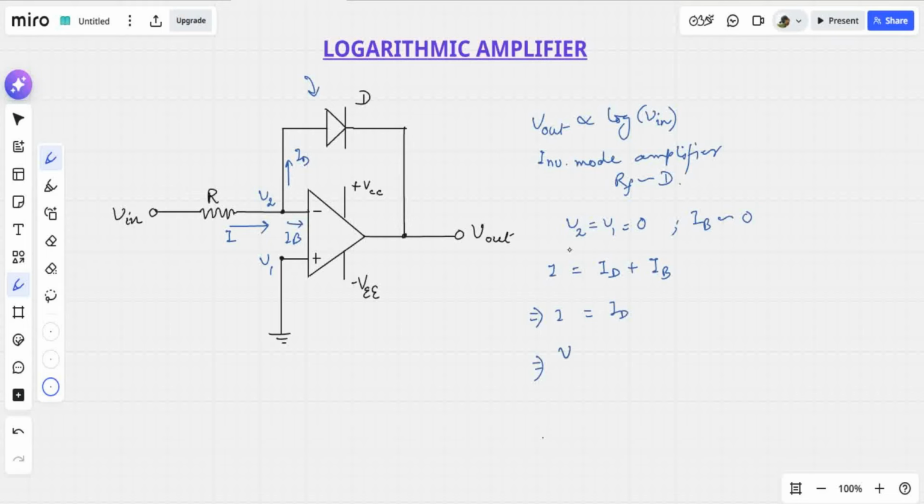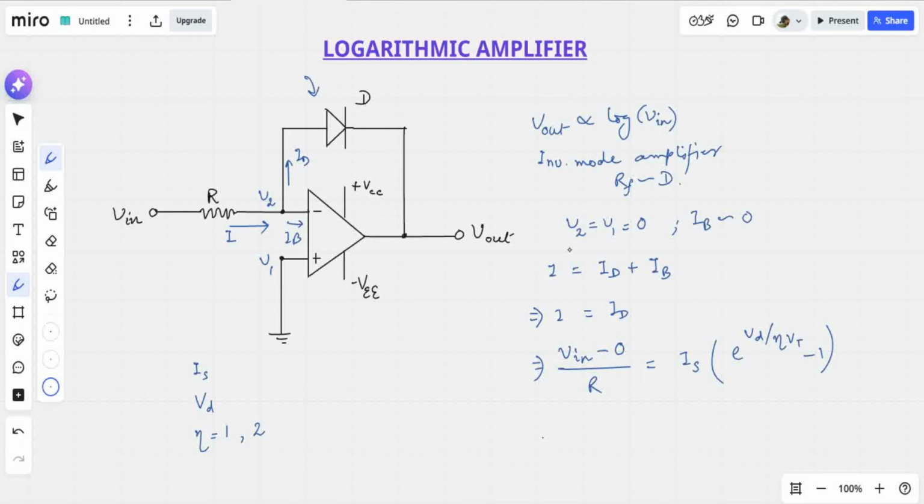Now let us see what I and ID are. I is the ratio of V by R, so (Vin minus 0), since V2 is 0, divided by R equals ID, which as we know is given by the diode current equation: Is times e to the power Vd by eta Vt, minus 1. Here Is is the reverse saturation current, Vd is the forward diode voltage, and eta is a constant, 1 for silicon and 2 for germanium.